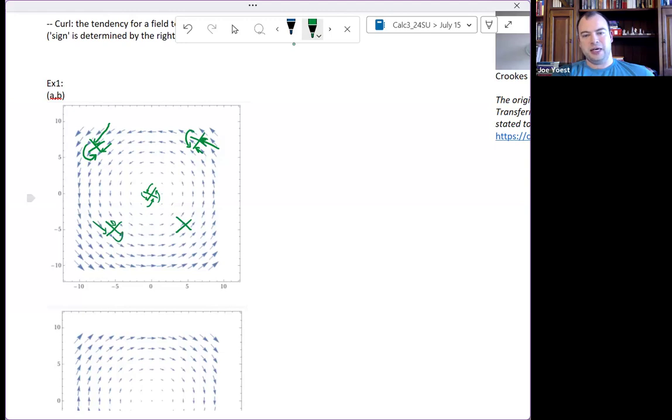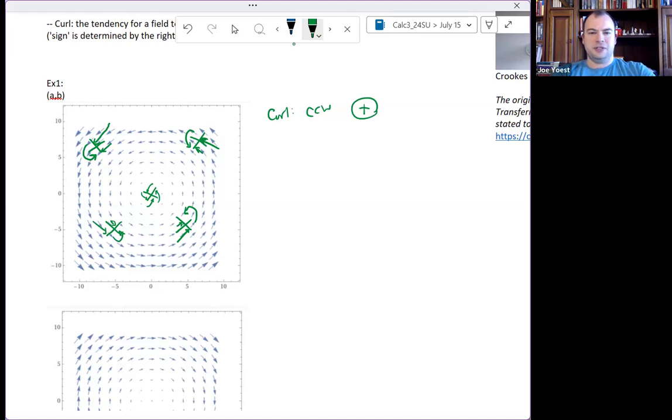Most places in this field, we have some force and counterforce, but the clockwise impetus that's counteracting is not as strong as the counterclockwise impetus. So we're going to get a counterclockwise rotation, it seems like, everywhere in the field. So we should get a positive number for our curl.